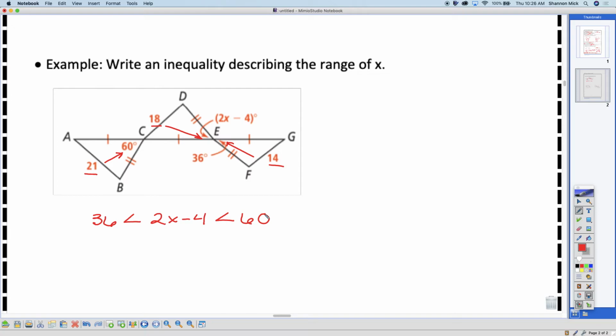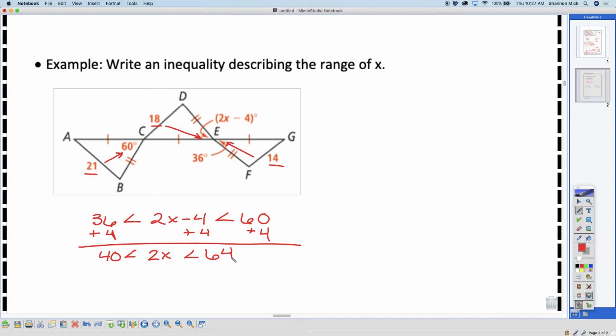If I were to cover up this 36, how would you go about solving 2x minus 4 is less than 60? Add 4. What would you do if I covered up the 60? Add 4. So I'm going to add 4, but I'm going to do it everywhere. Add 4, add 4. That gives me 40 is less than 2x, which is less than 64.